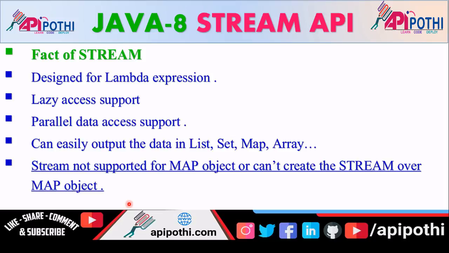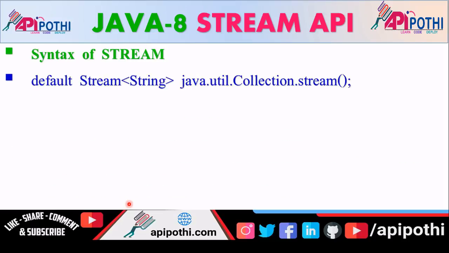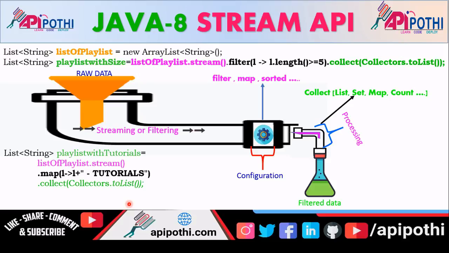It is the same as the Hibernate concept, lazy loading and eager loading. Parallel data access support, meaning that if you are working in a stream, we can do parallel processing, so at the same time we can do two operations also. Since the data is getting into the stream, we are not modifying the actual object. If you see here, this list of playlist, we are getting it into the stream, but we are not doing anything to this list of playlist.